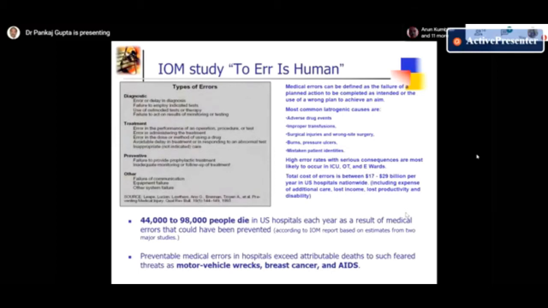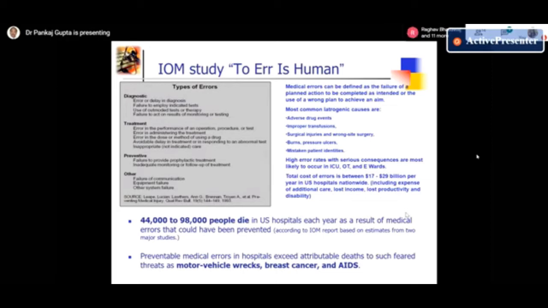These are wrong medication, double medication, unnecessary medication. Or medication prescribed as one thing and administered as something else, or at the time of dispensing, they got mixed up. All those things are preventable medical errors. So this is what the study was.